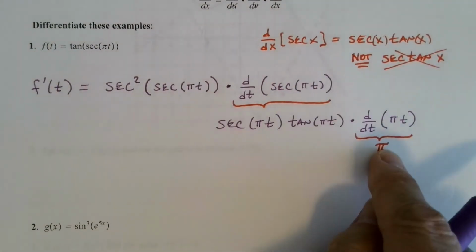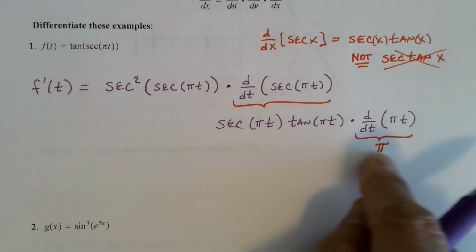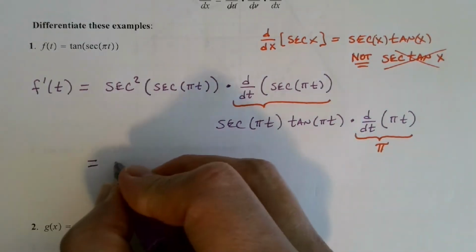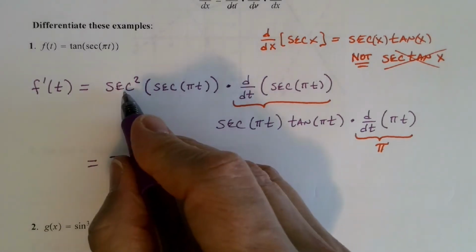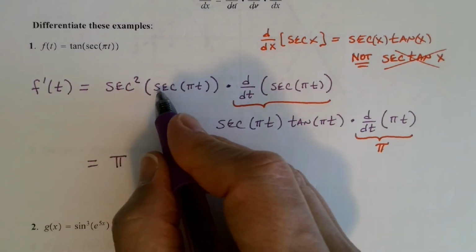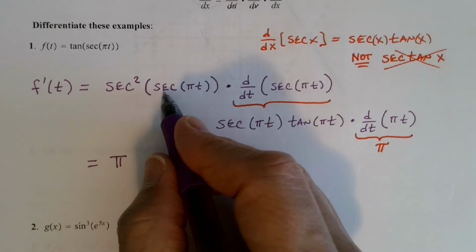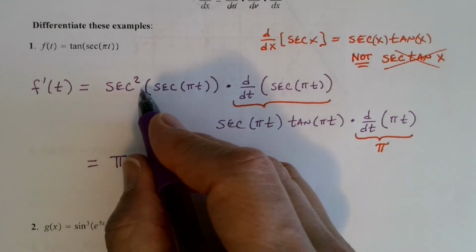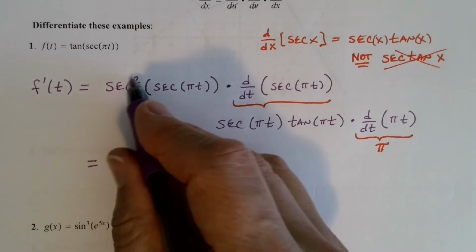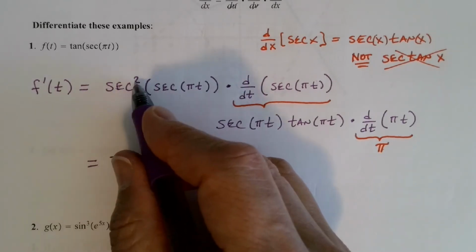We have this pi is just a constant. I'm going to pull that all the way in front. Okay, and be careful here. Is this secant squared of secant pi t, does that become secant cubed pi t? Be real careful here. No, this is not multiplication here. You can't multiply by secant squared. This is secant squared of this.